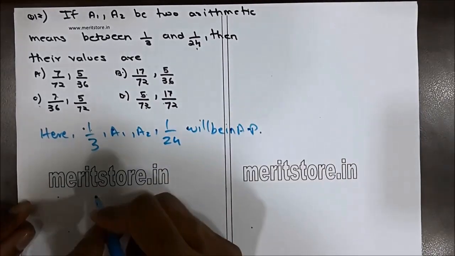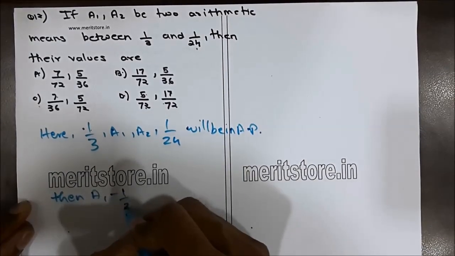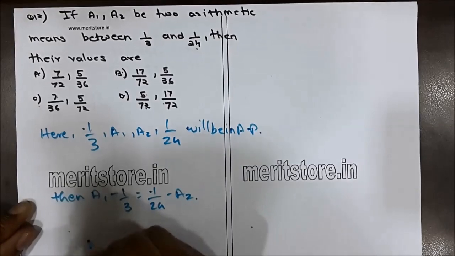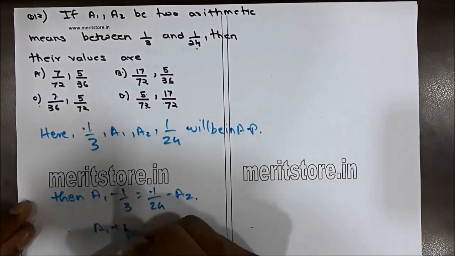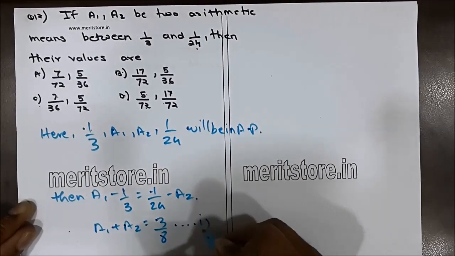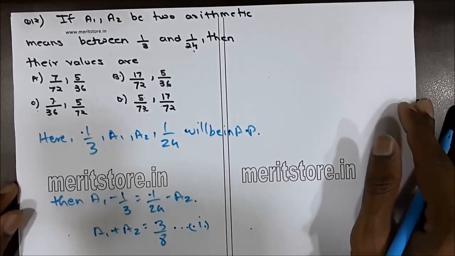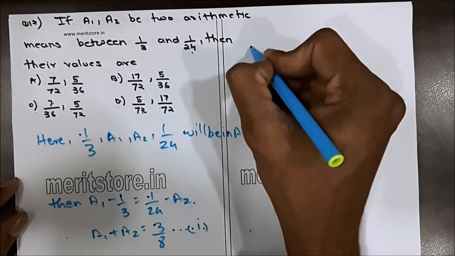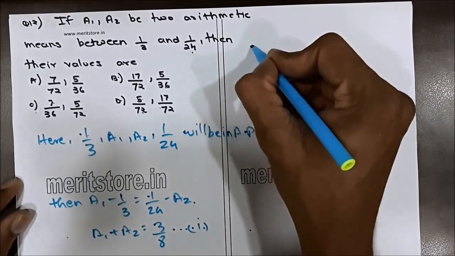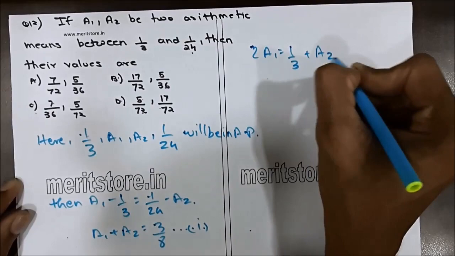So then A1 minus 1 by 3 is equal to 1 by 24 minus A2. Therefore, A1 plus A2 is equal to 3 by 8. Let this be equation number 1. Now A1 is the arithmetic mean of 1 by 3 and A2, therefore 2A1 is equal to 1 by 3 plus A2.